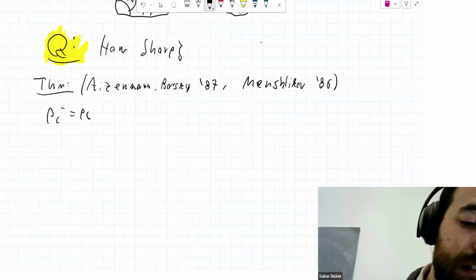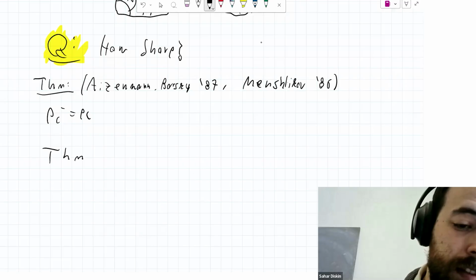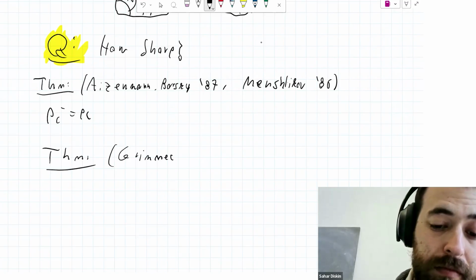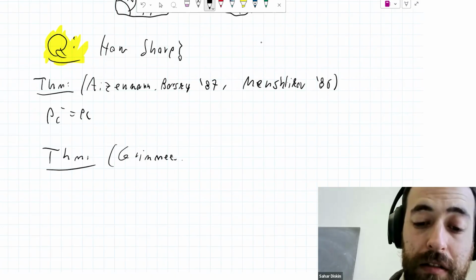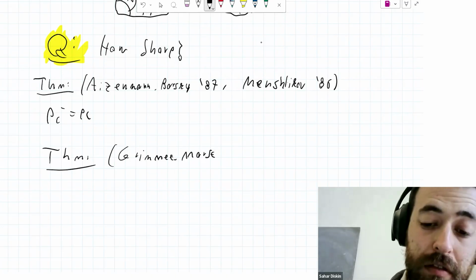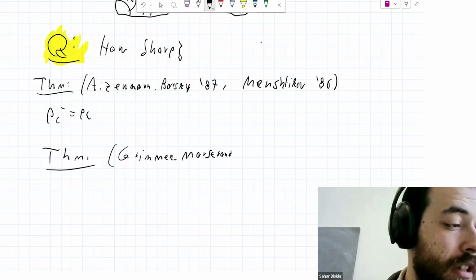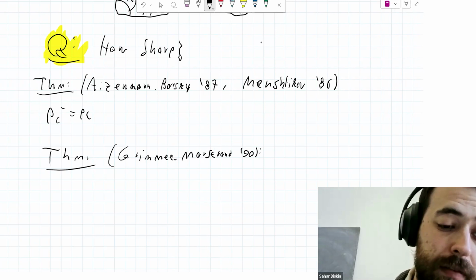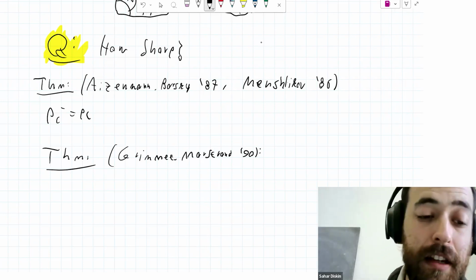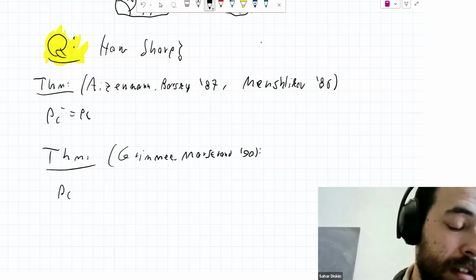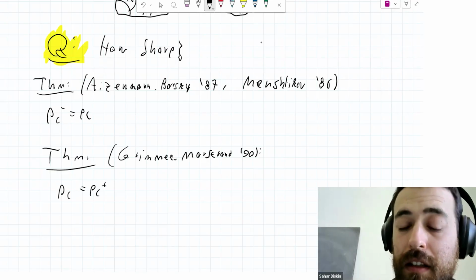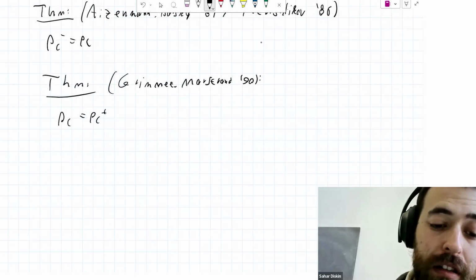And for Z^d again, Grimmett and Marstrand, in 1990, they showed that at least in the way that it actually makes sense, p_c is the same as p_c plus. Now I haven't defined what p_c plus is yet, so let me just quickly do that. So we have this image here.